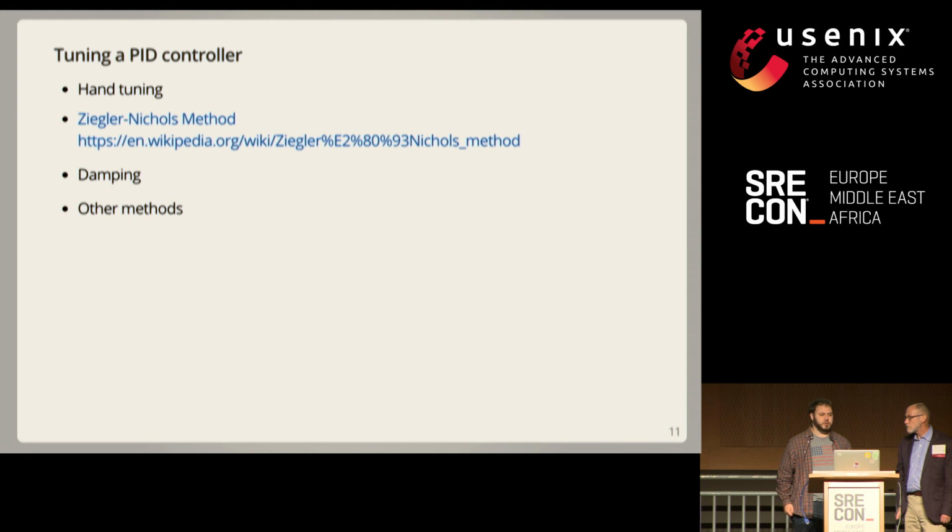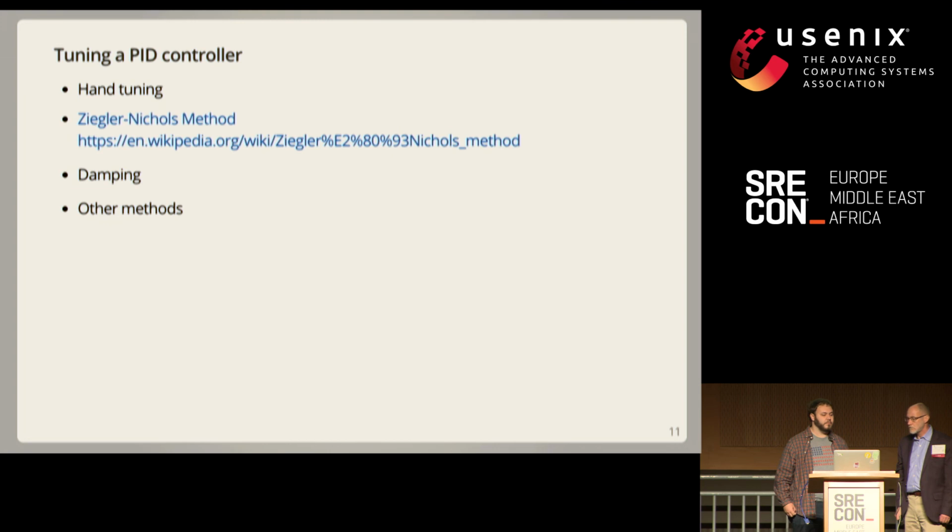And then measure the distance between 2 peaks of that steady oscillation, which will give you the time of your oscillation. Using that time, you can plug it into a formula, and the Ziegler-Nichols method will give you I and D values for your P value.